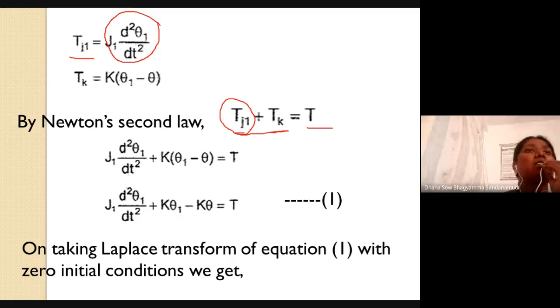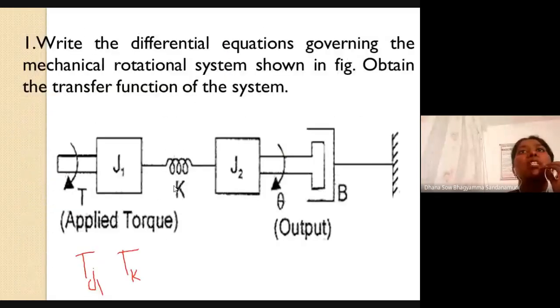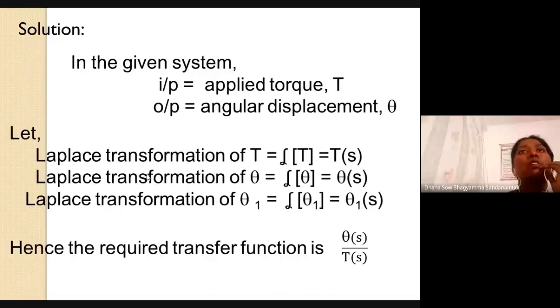What is the constant here? J1. And it is the spring, so its torque will be directly proportional to the angular displacement. Here K is free to move on both ends.